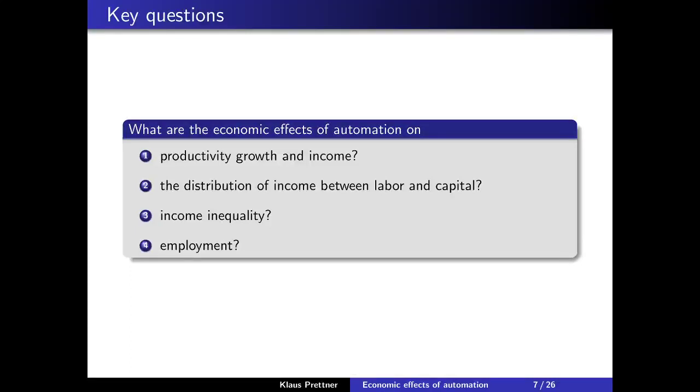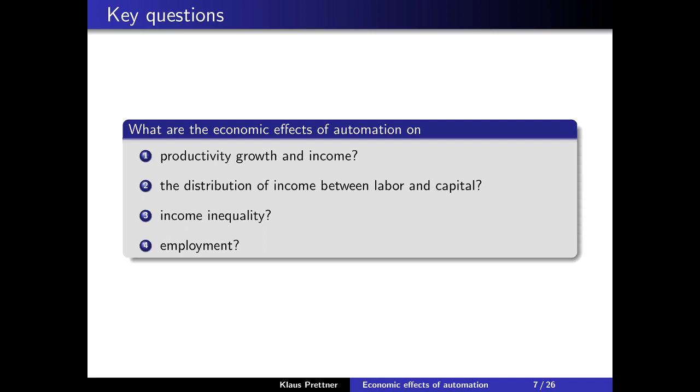So after having sketched out the basic stylized facts of automation, we now want to proceed and ask ourselves what the economic effects of automation are, particularly on 4 different aspects. The first is productivity growth and income, because as we adopt this new technology, we could expect that this has an effect on productivity growth and income growth.